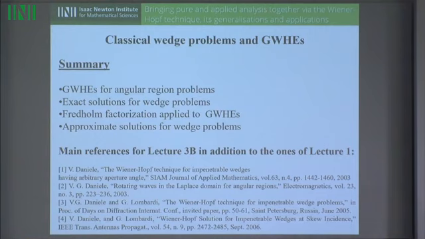Sorry, I'm talking always about electromagnetics, so I know that there are different subjects here, and electromagnetics is not the most widespread, probably, acoustic, fracture mechanics, and so on. And then we apply the factorization to generalized Wiener Hopf equation, and we will show some approximate solution. Here is some literature about this topic, in addition to the one presented in the first lecture.